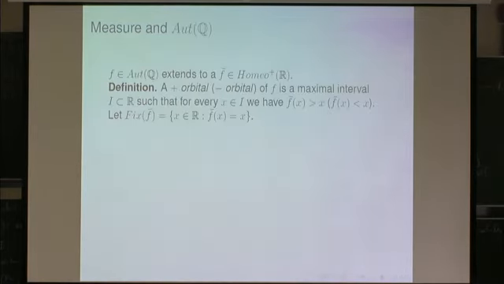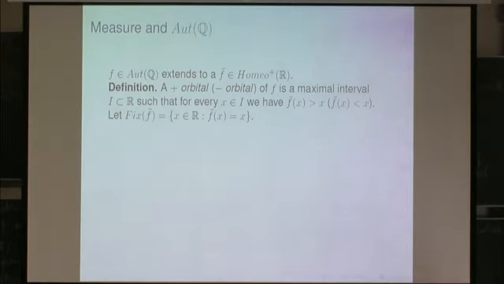And some particular cases, for example, the automorphism group of Q, what is the situation? So suppose that we have an automorphism of Q, then trivially it can be extended to a homeomorphism of the real line. And if we take a maximal interval without fixed points, then we can go either above the identity or below.